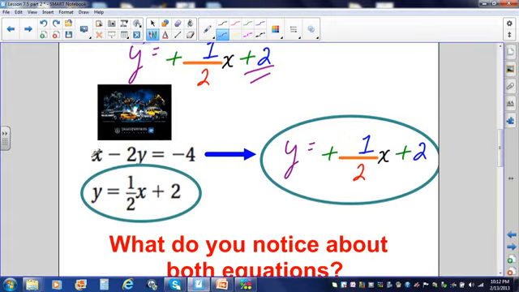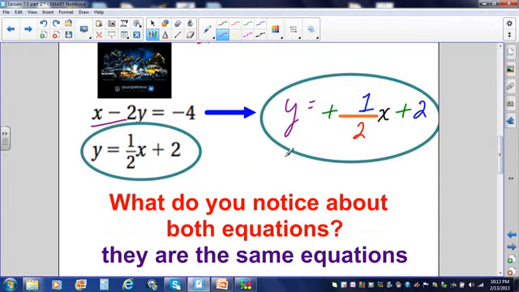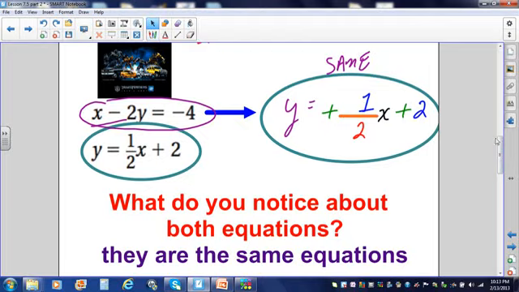Now, we took this equation, which was in standard form, and we rewrote it. The question is, what do you notice about both equations? Both equations are the same. So this equation right here was like the Transformers, robots in disguise. Because it was in disguise, it really was the same equation. Last time we got a true statement, infinite solutions.